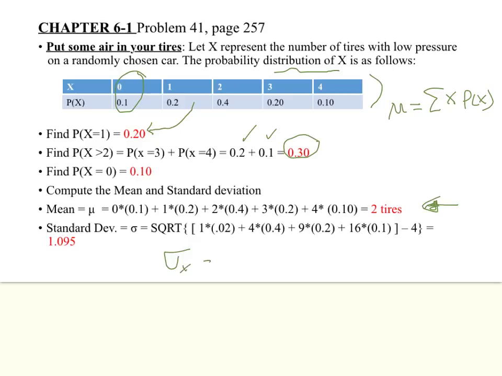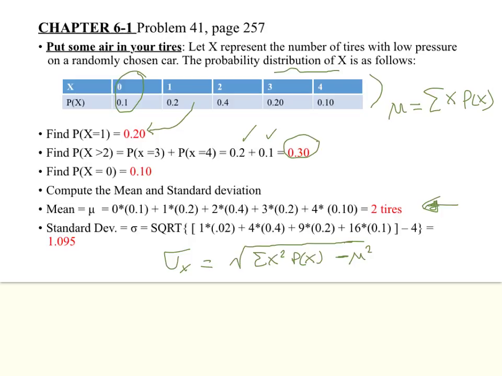Sigma x is equal to the square root of the summation of each x squared times its probability of x, and then separately minus mu squared.